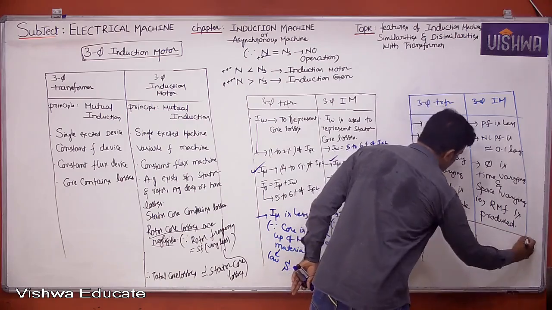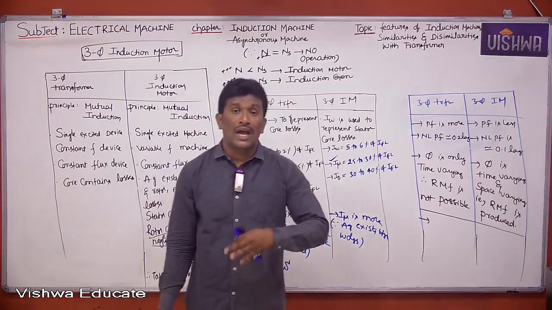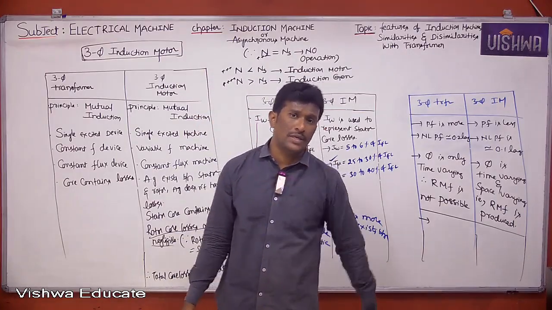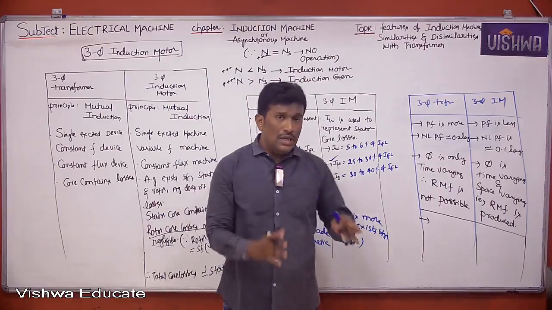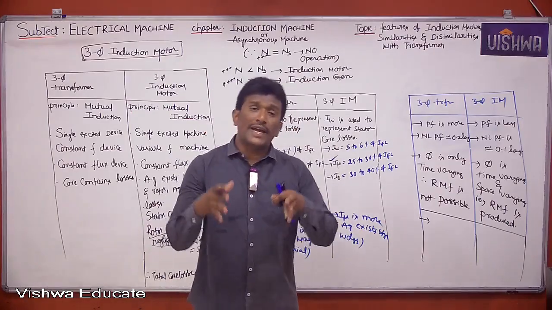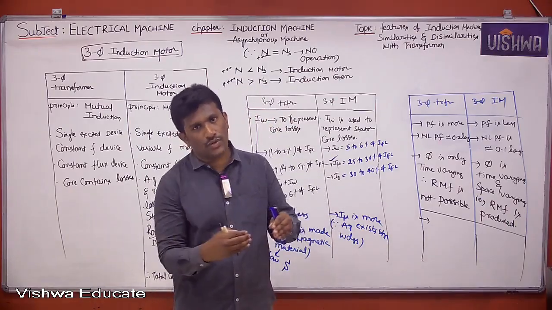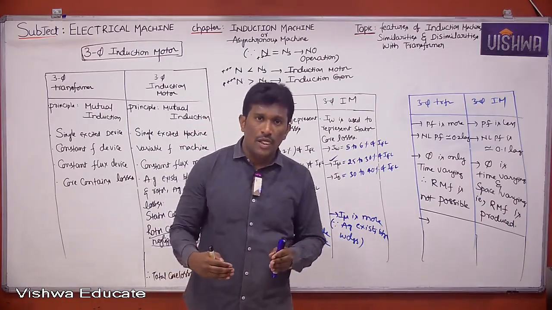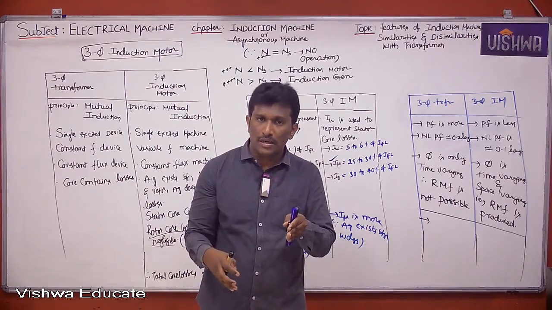Next, tell me, can I call a transformer an energy conversion device, which we discussed already in the transformer starting topic. Internally, I can call a transformer an energy conversion device because we are giving electrical energy to the transformer. It converts into magnetic energy, nothing but core flux. Electrical to magnetic flux.